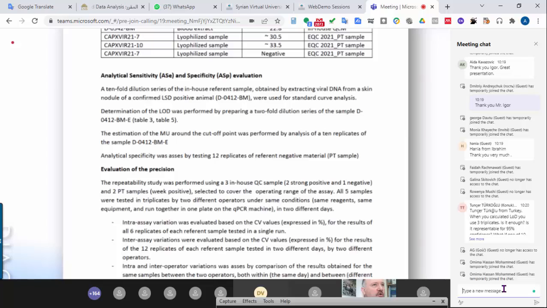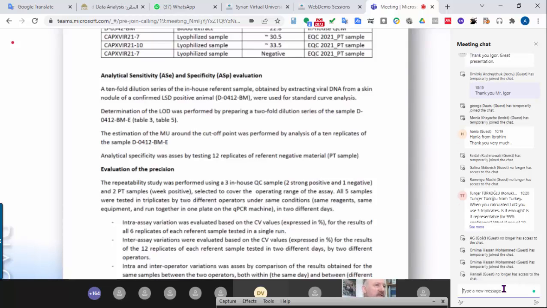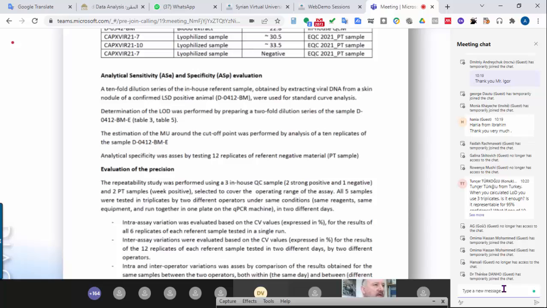Then you can use it, as we mentioned on the previous days, to spike this material into the appropriate matrix and produce your secondary or in-house standards, which you can then compare with the original, and use as low positive or medium positive samples. However, if you would like to verify or go through this, you must have some reference material in your possession.